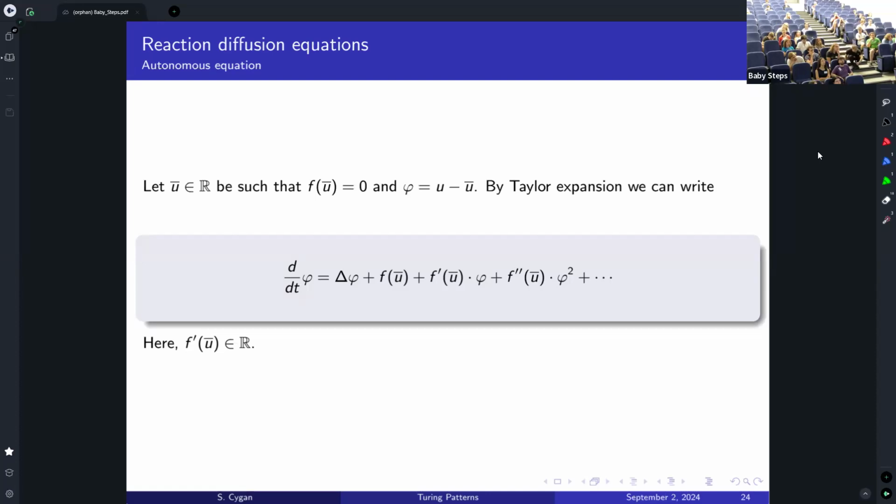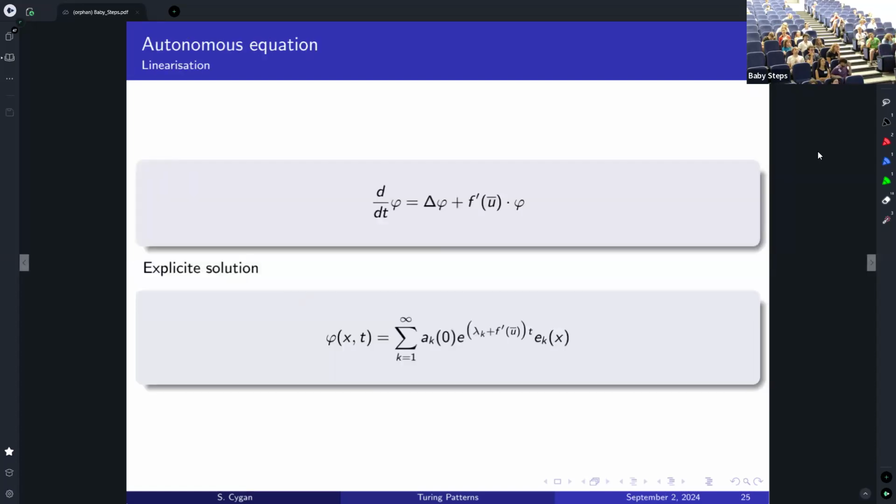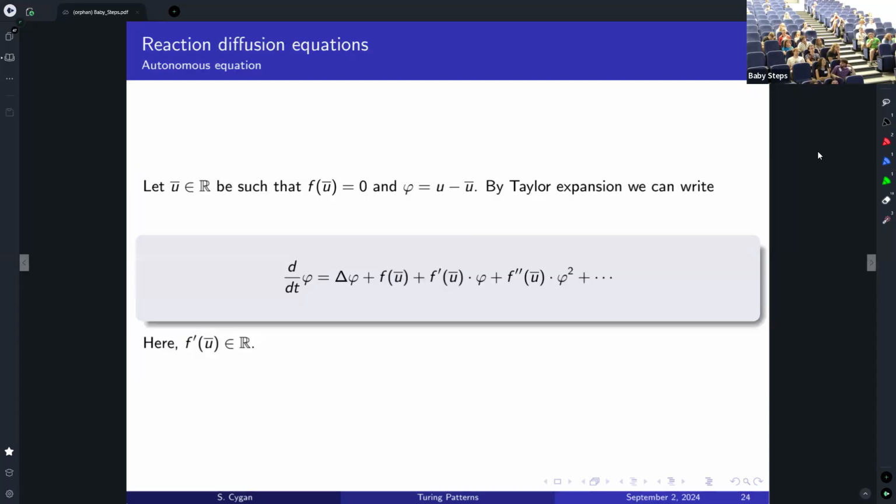Sure. So now it is the following. We introduce the linearization, and using the same technique as before, with the eigenfunctions, we can write the explicit expression for the solution. But see what happens. Imagine that this solution u bar was stable. What does it mean?